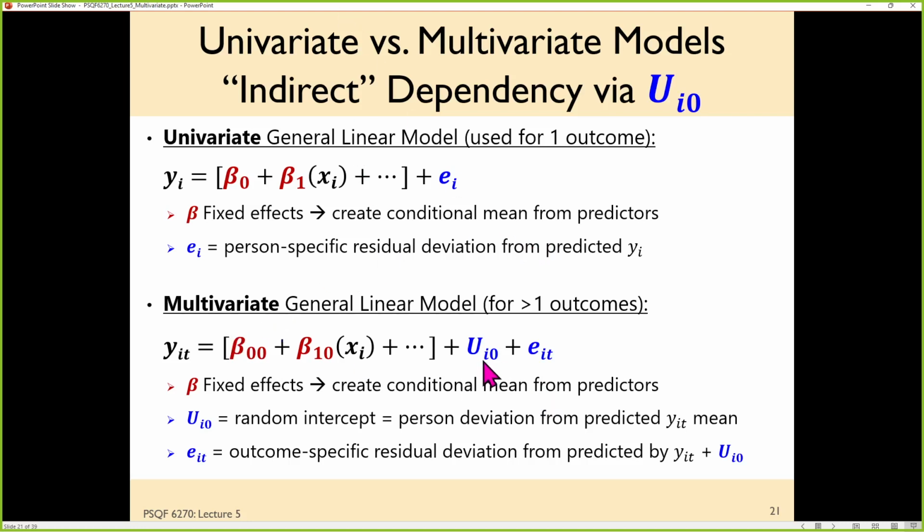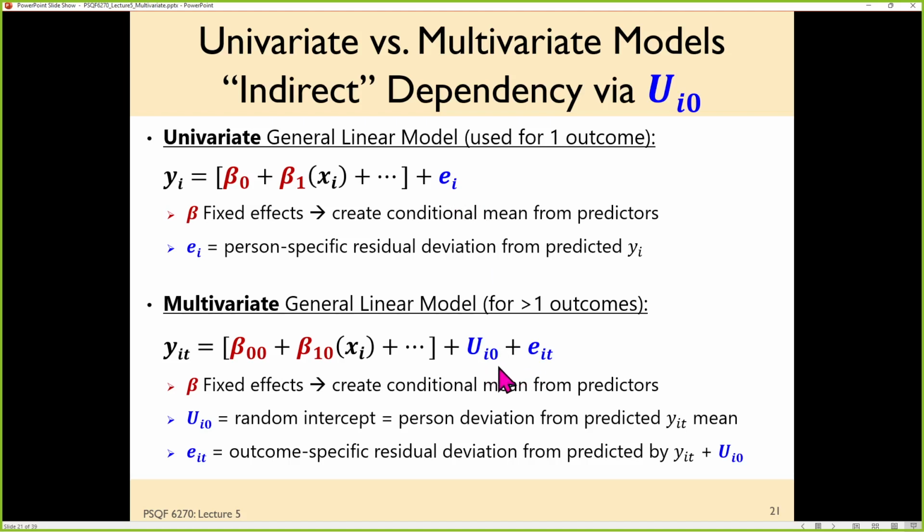What happens when you add a random intercept? It's easiest to picture in the general linear model case, but this extends to generalized models as well. It takes the variability that was in E and essentially splits it.